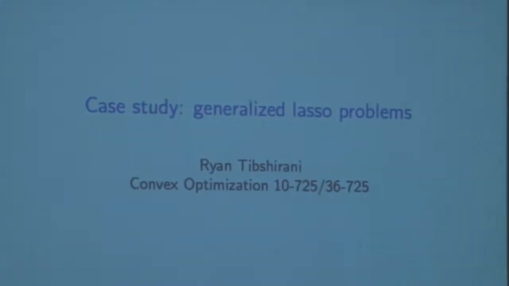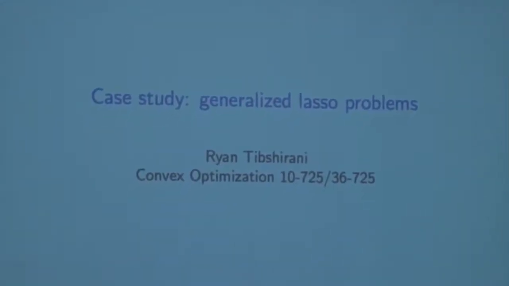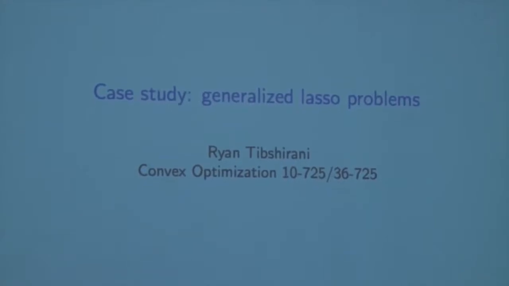Okay, so this week of lectures is going to be a bit different from the other ones because we're going to be taking more of a high-level perspective on what we saw already and how you would apply it in a particular problem instance. We're going to go through a class of problems that we'll call generalized Lasso problems, and see what algorithms that we learned so far have strengths in certain cases and weaknesses in others.